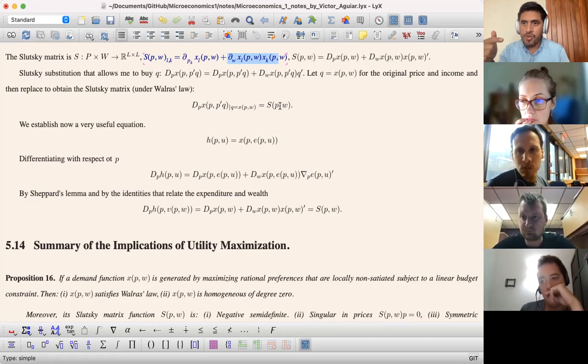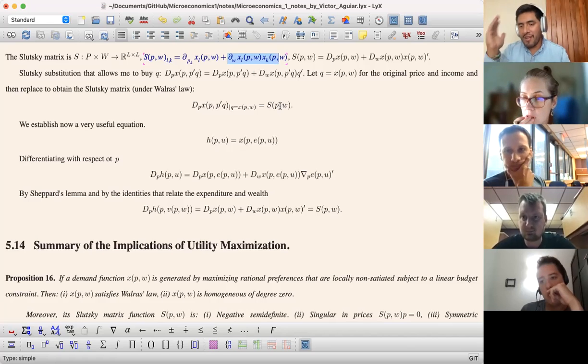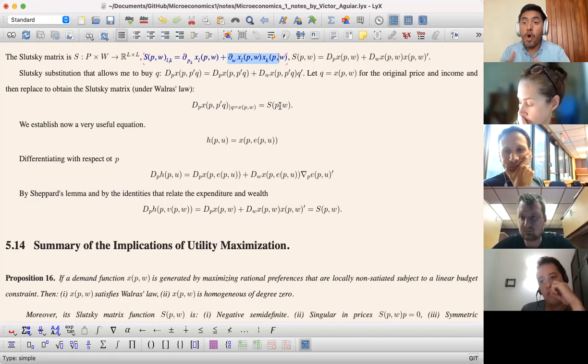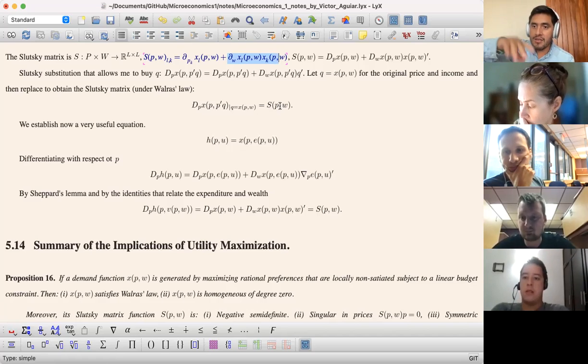If you remember the notion of a directional derivative, a derivative is in fact the collection of all directional derivatives in a whole open ball, depending on the topology. So this means a knowledge of data that is amazing. It's basically how quantities change for directional changes of prices in the whole possibility of directions. So this is knowing a Slutsky matrix.